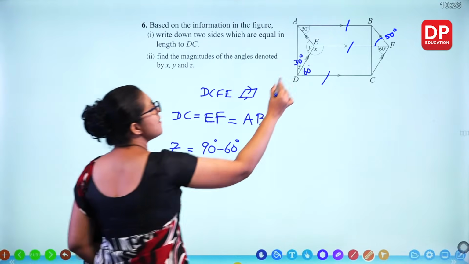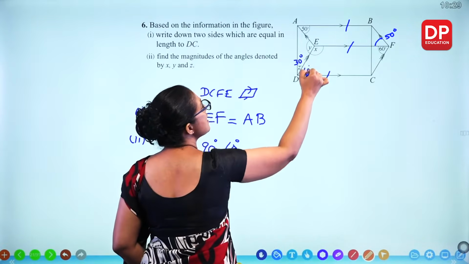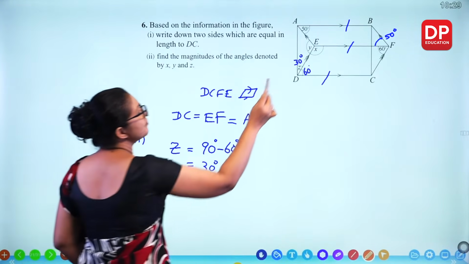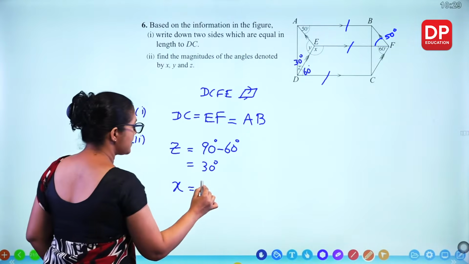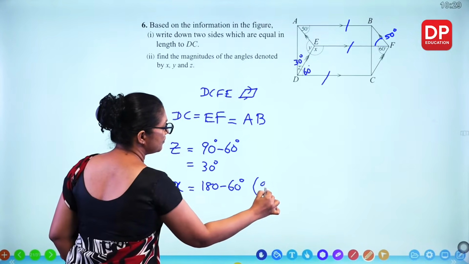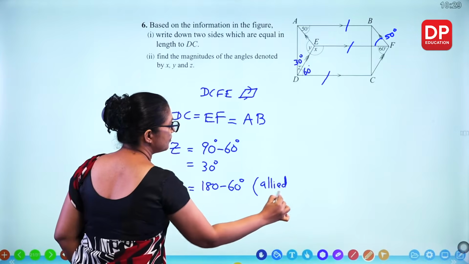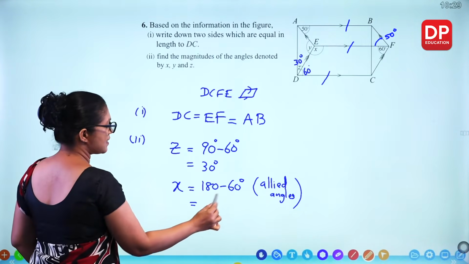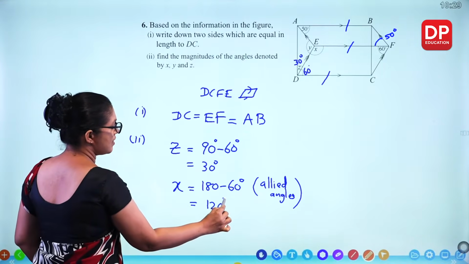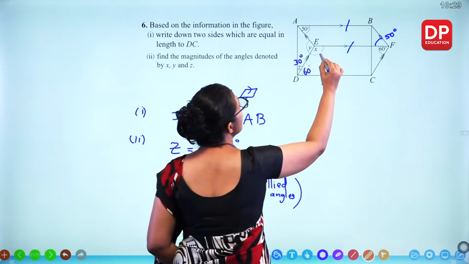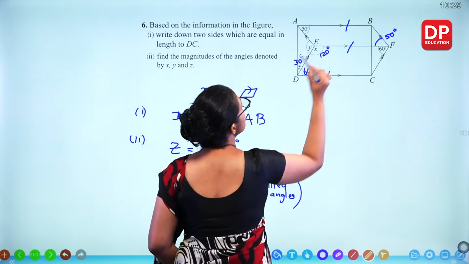And if this is 60, what's X value? 180 minus 60, that's allied angles. That's 120 degrees. So we found this is 120.